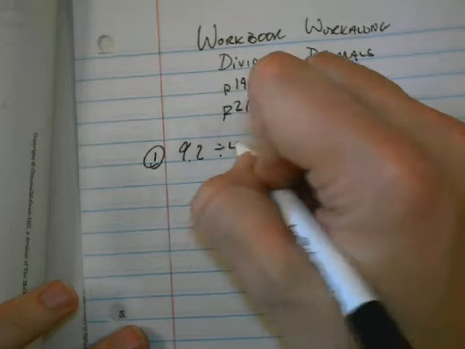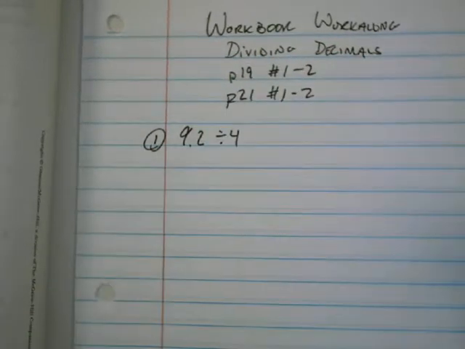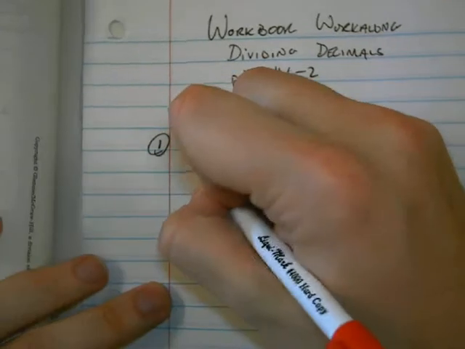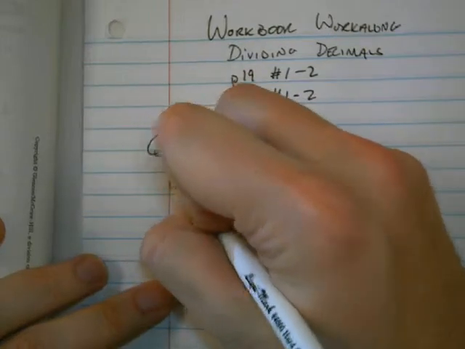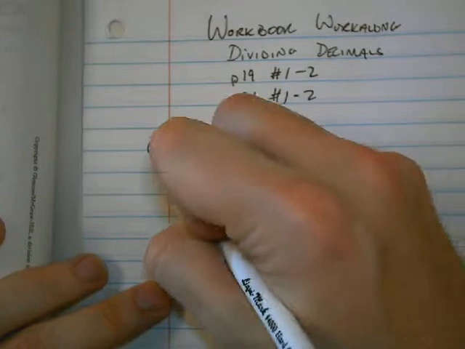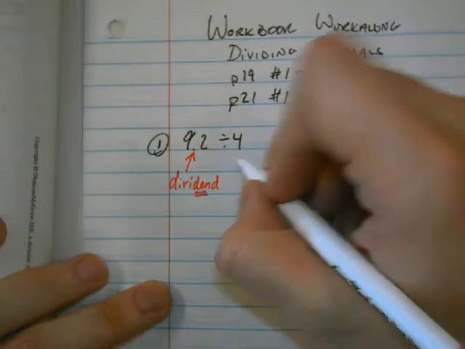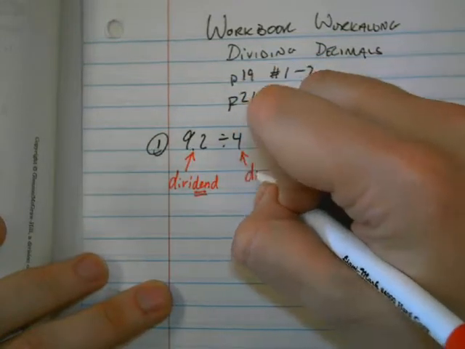So I want you to think to yourself, which number do you think should go where? Okay. Hopefully, you are saying that our first number is going to be our dividend, and then our second number is going to be our divisor.